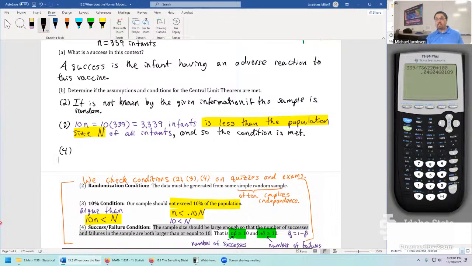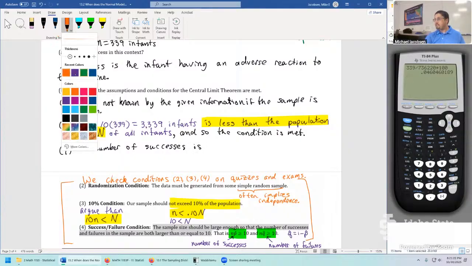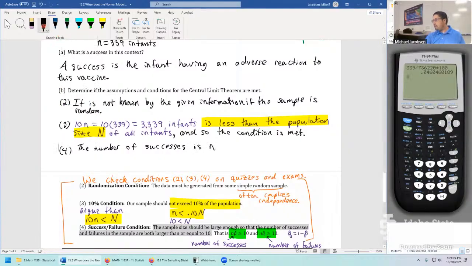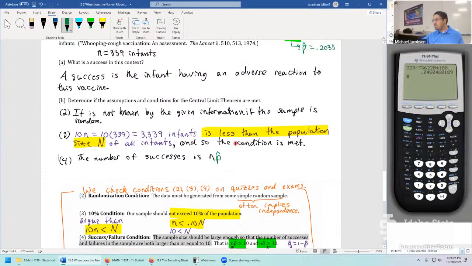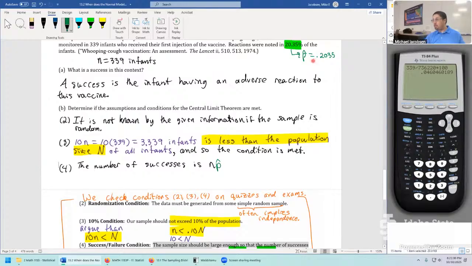So for the success failure condition, we can say the number of successes is the sample size n times the sample's proportion of successes. Let's scroll up and use that part right there.